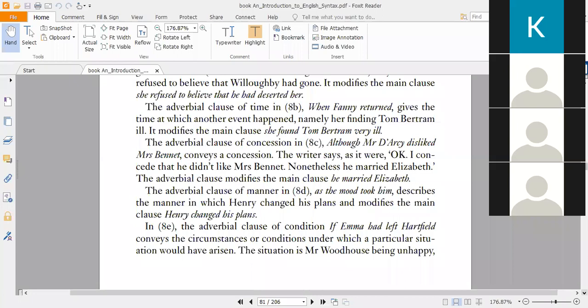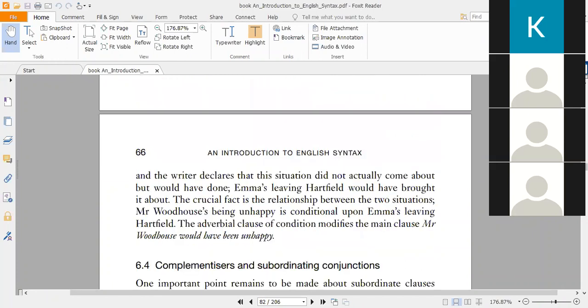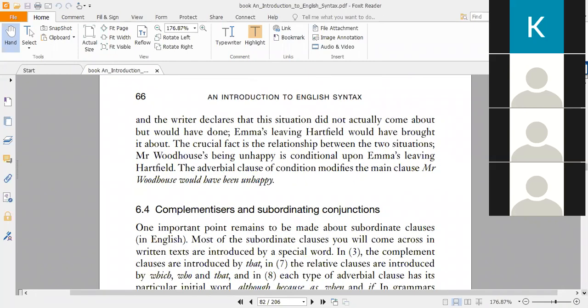In 8e, the adverbial clause of condition, if Emma had left Hartfield, conveys the circumstances or conditions under which a particular situation would have arisen. The situation is Mr. Woodhouse being unhappy, and the writer declares that this situation did not actually come about but would have done.